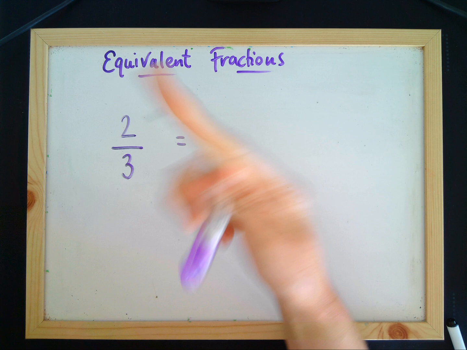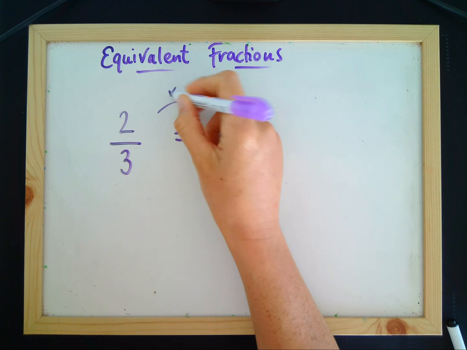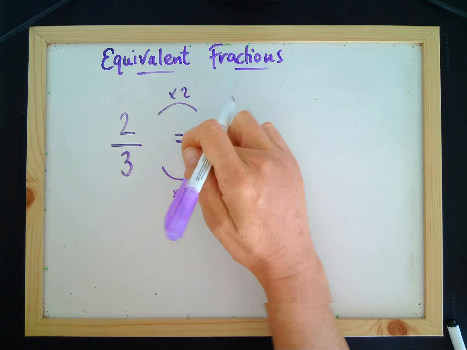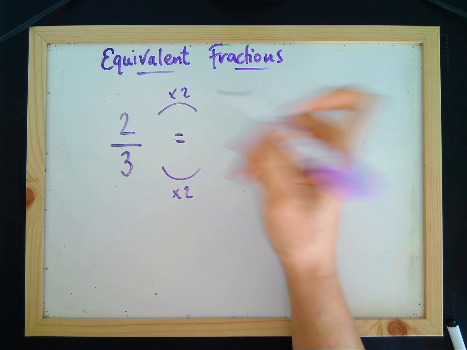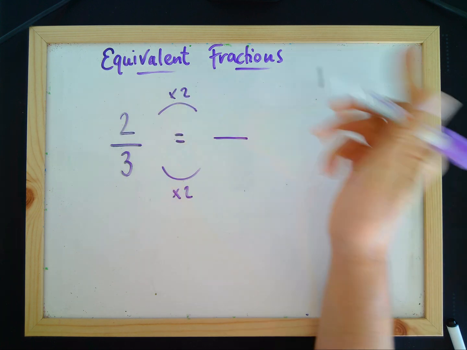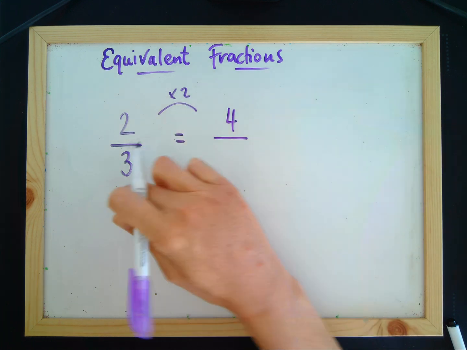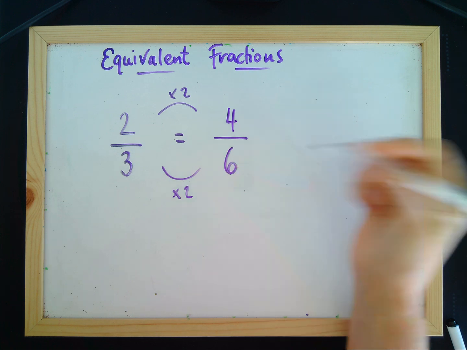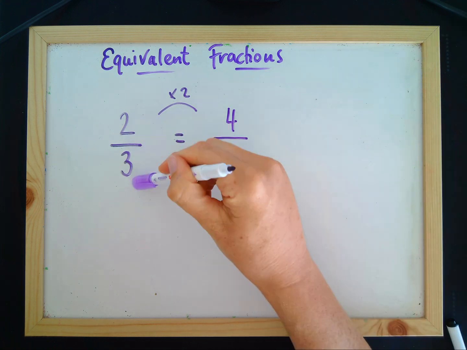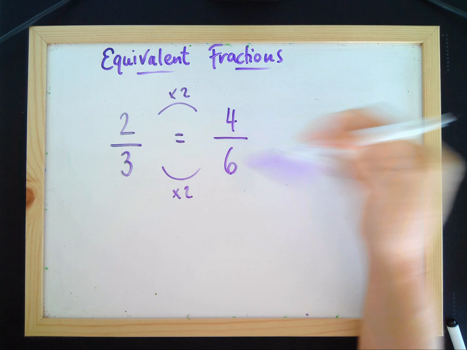Okay, so for example, if I multiply them by 2, you don't need to draw these lines, I'm just showing you what I'm doing. So 2 times 2 is 4, 3 times 2 is 6. So 2/3 is the exact same as 4/6.